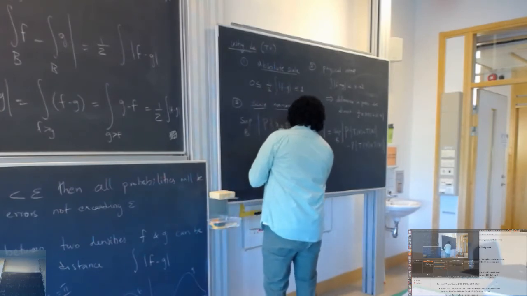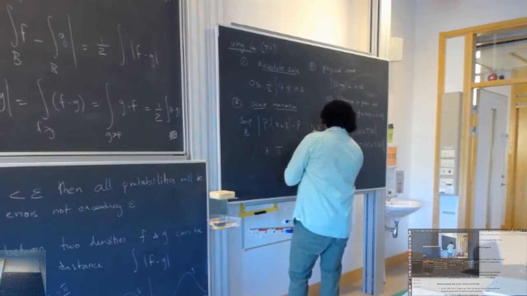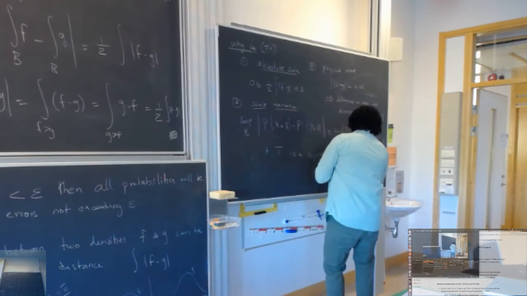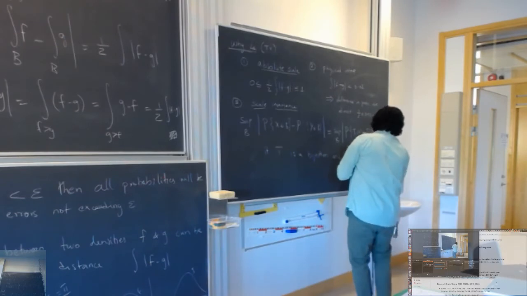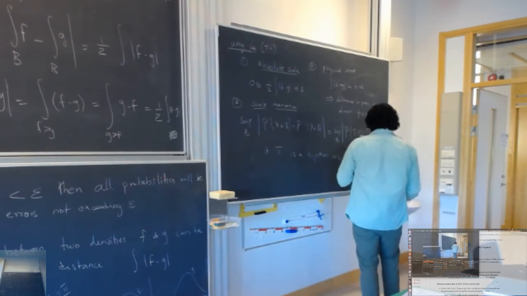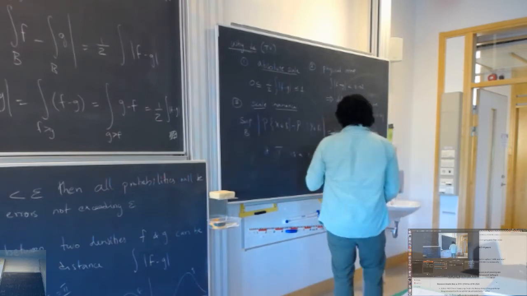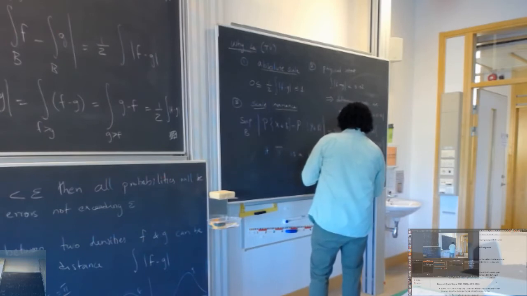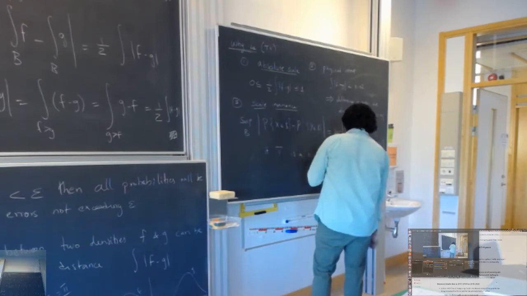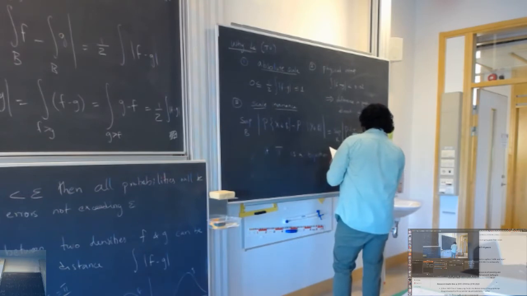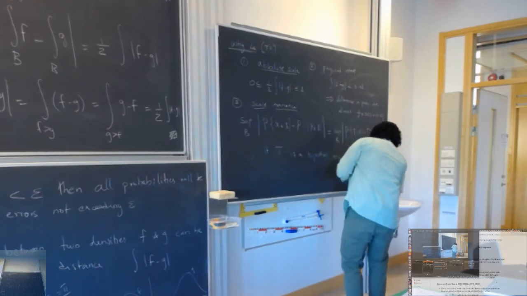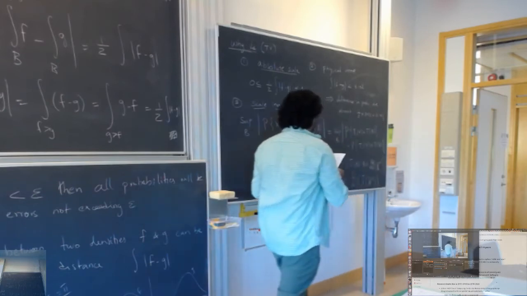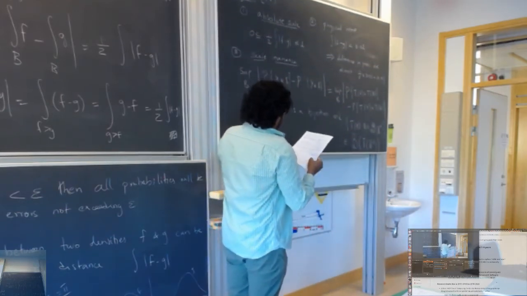If T is a bijection, and the set of all T of B such that B is a Borel set in R^d, then this is basically an element of it.